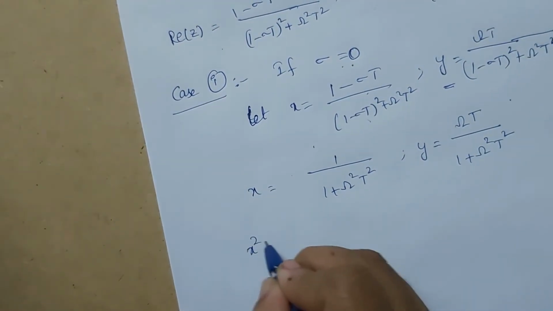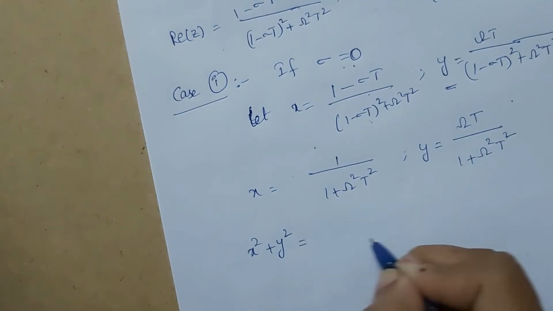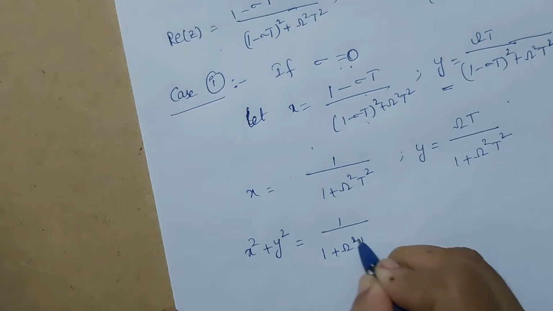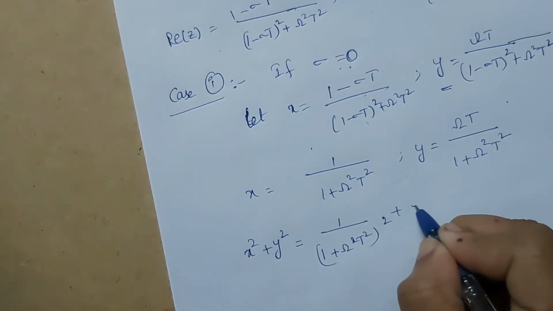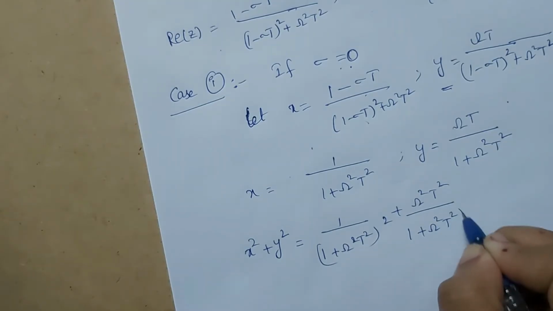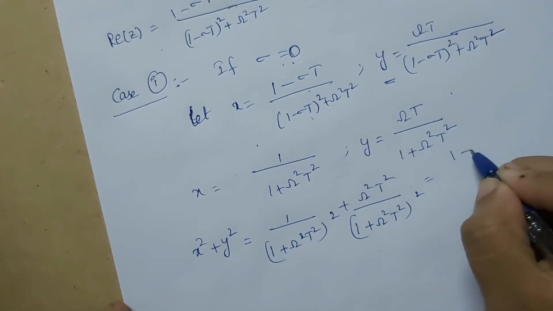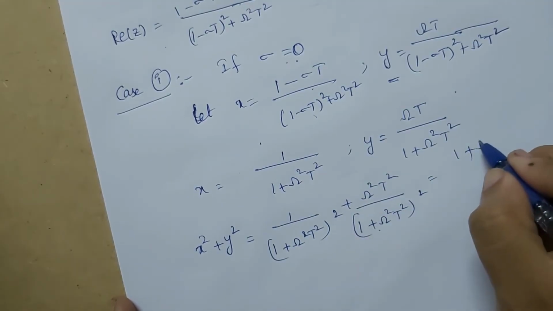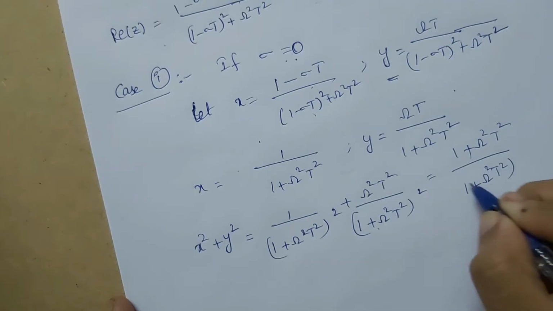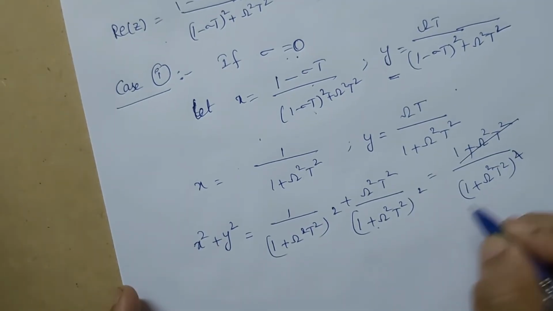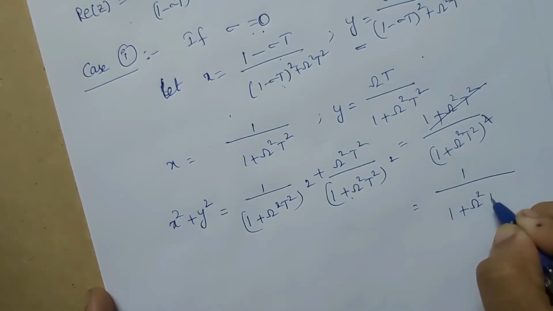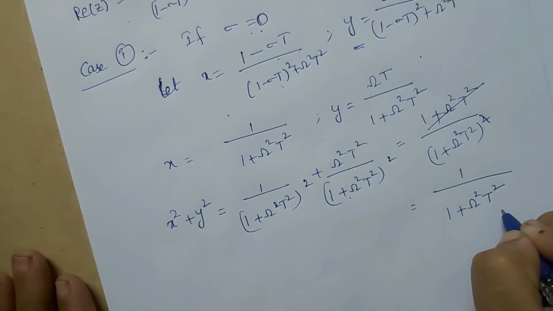So let's check x square plus y square now. x square plus y square is equal to 1 plus omega square T square by (1 plus omega square T square) whole square. As the denominators are the same, the numerators get added, divided by (1 plus omega square T square) whole square. The common term gets cancelled, and 1 by 1 plus omega square T square remains.